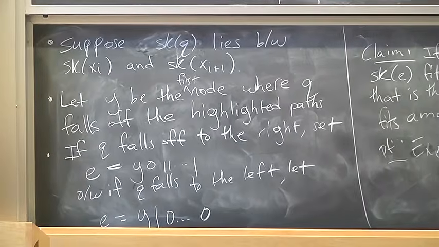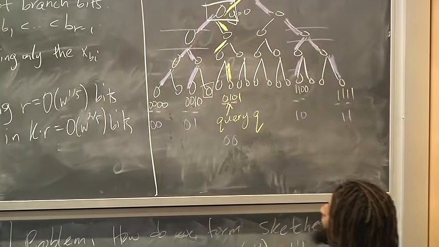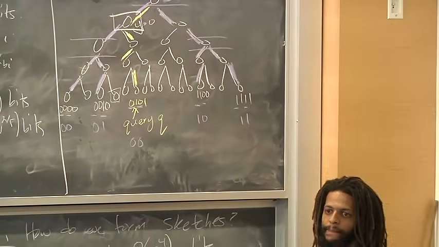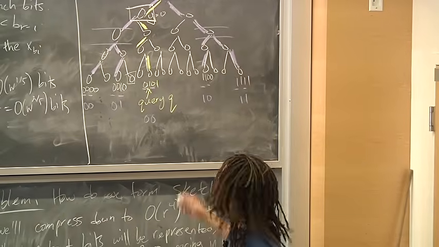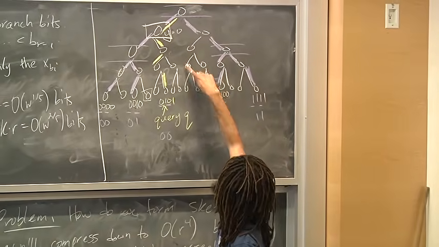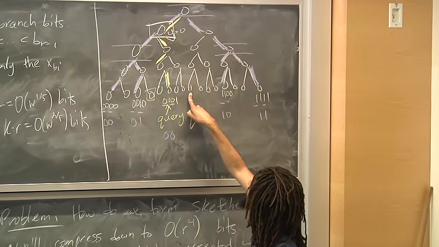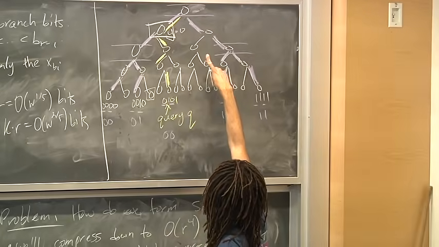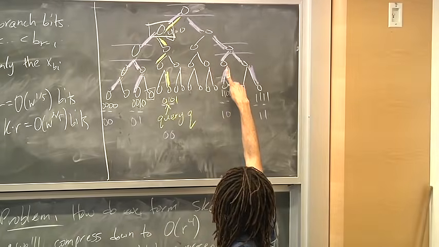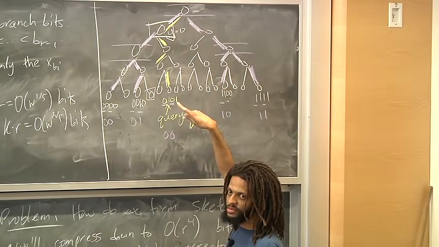It'd be the rightmost thing in this tree. But say your query was 1, 0, 0, 0, then E would become 1, 1, 0, 0.